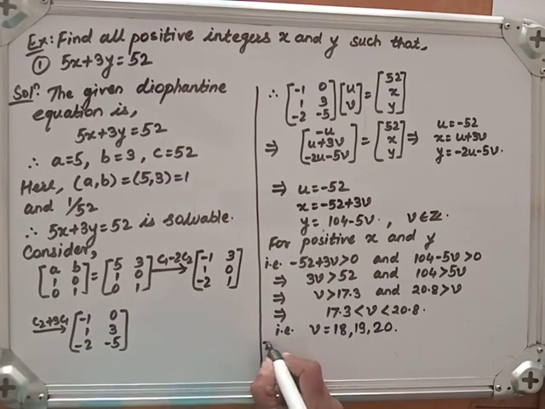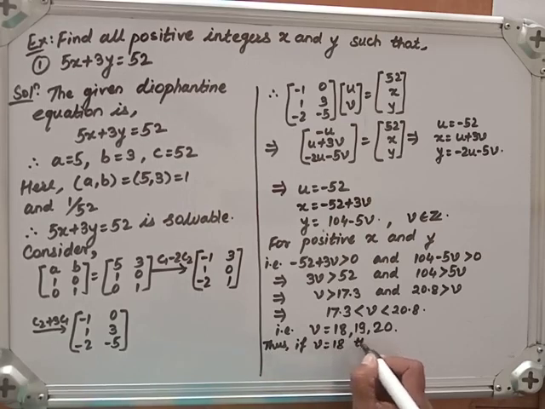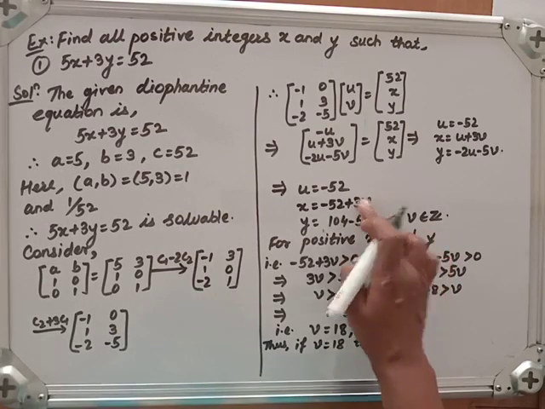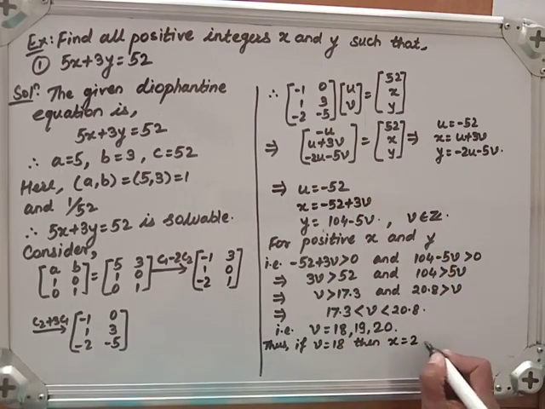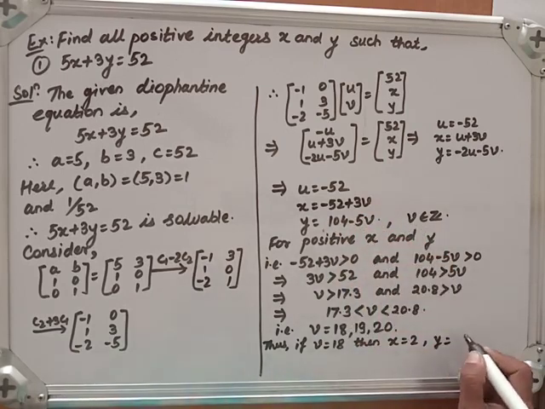Thus, if v is equal to 18, then x will be 2 and y is 104 minus 90, which is 14.